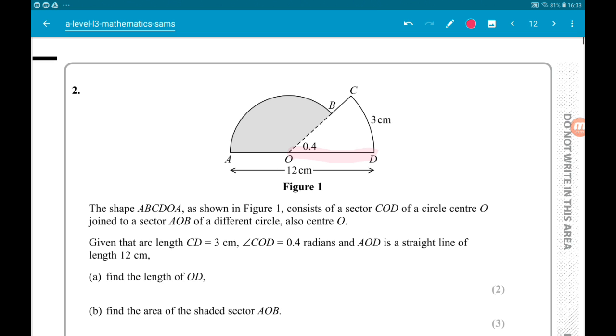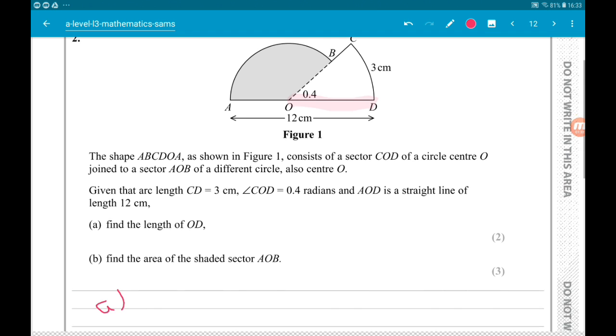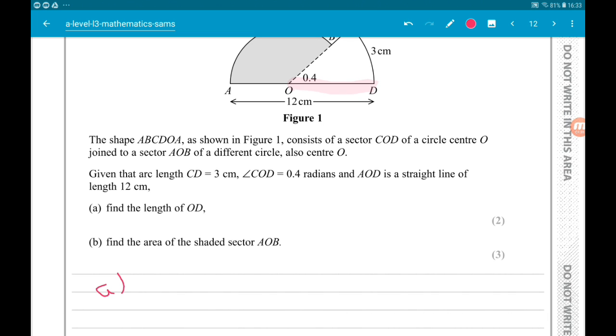What we're trying to find is its radius. So the formula for arc length is usually S is equal to R theta.